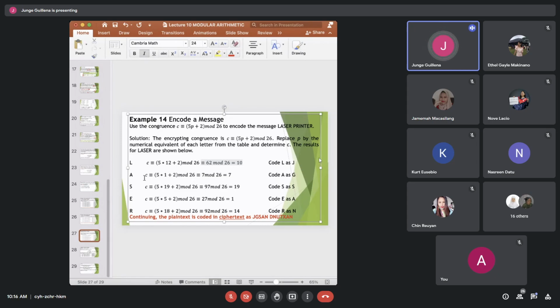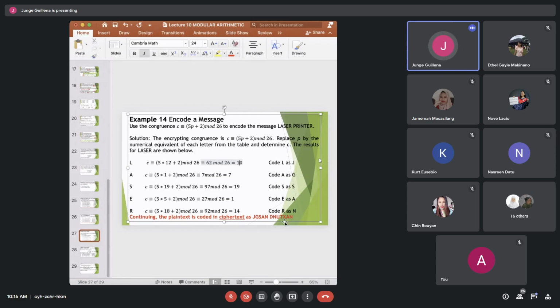Then A, that is C congruent to 5 times P. The numerical equivalent of A is 1. So 5 times 1 is 5 plus 2, that is 7. So 7 modulo 26, the remainder is 7. And the seventh letter is letter G. So you code A as G, so on and so forth. So the coded letters for laser are J, G, S, A, N. Okay?